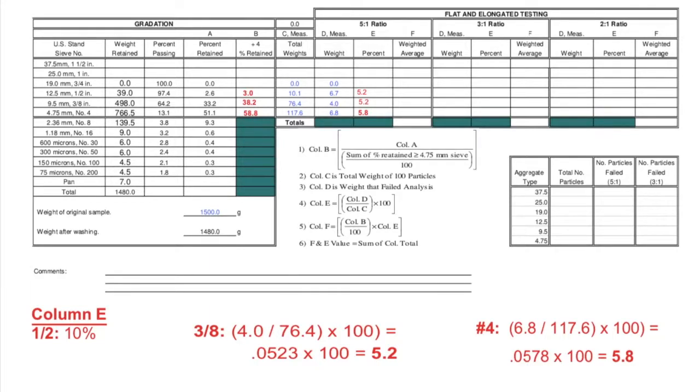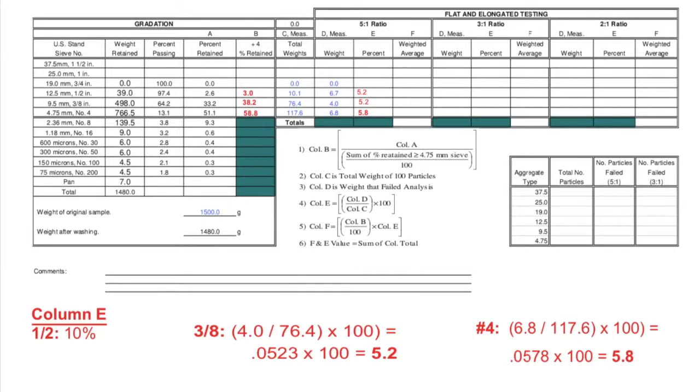I just want to remind everyone that on the 1/2 inch sieve, we had less than 10% retained on that sieve, meaning we did not physically test any material on the 1/2 inch sieve. I say that because we still need to recognize this in our equation.